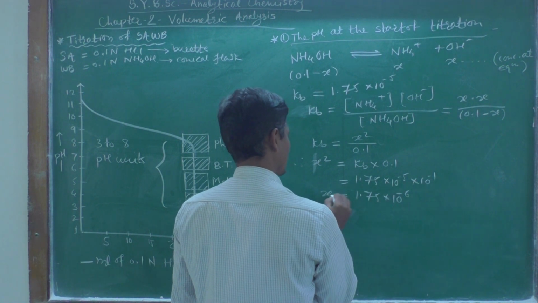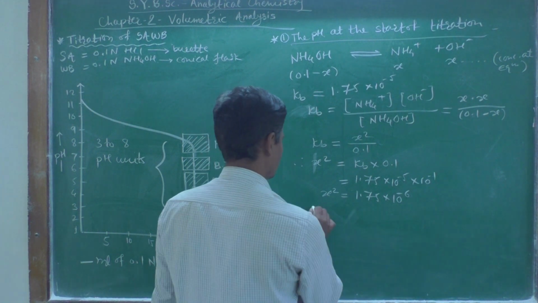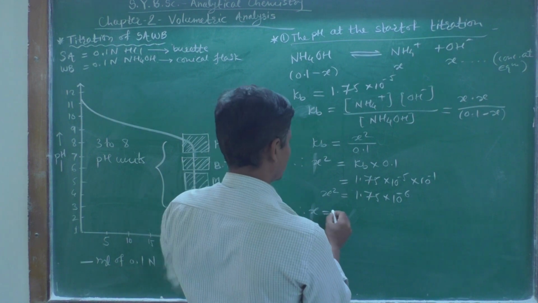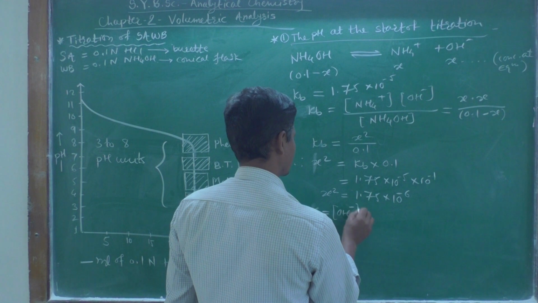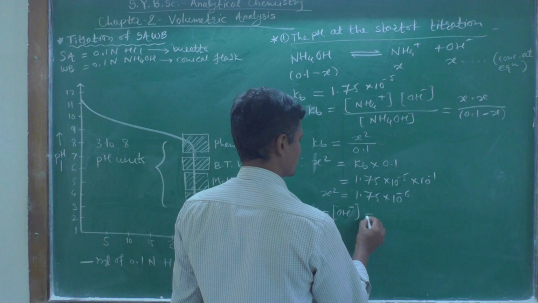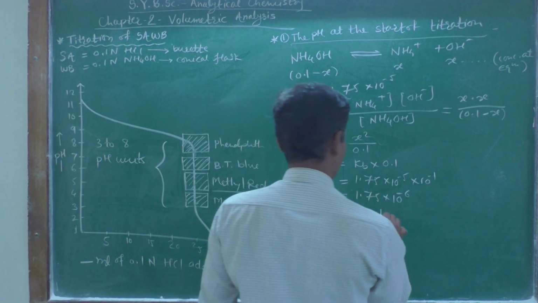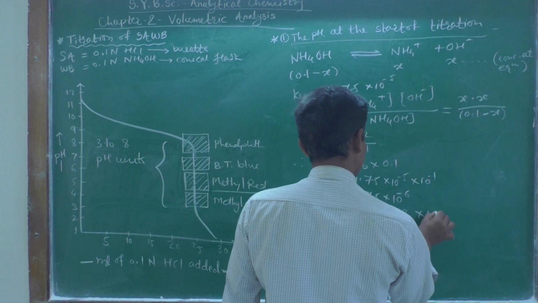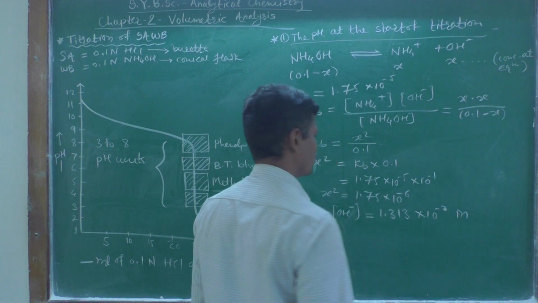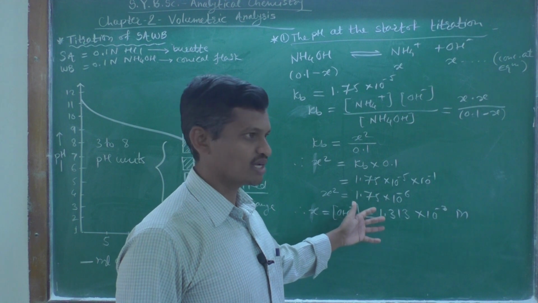Taking the square root of both sides, I get the value of X, which is the concentration of OH minus. The concentration of OH minus is 1.313 into 10 raised to minus 3 molar. You can calculate this using a calculator.